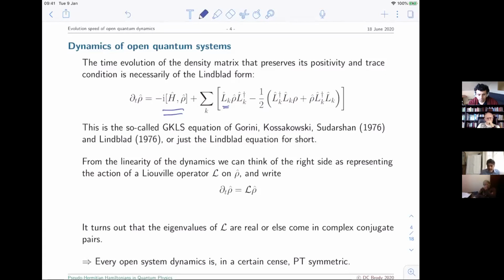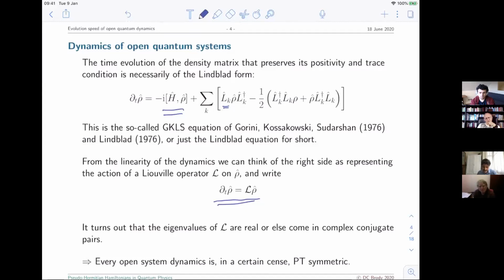Now, given that this is a linear equation in the density matrix, you can think of this as the time derivative of ρ equals an operator, the Liouville operator, acting on ρ. You can formally write it that way. I'll come back to more details about this later.